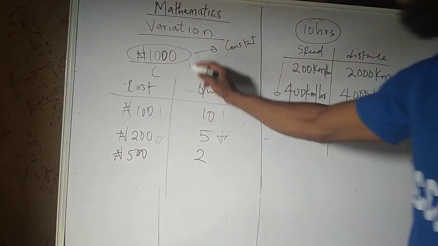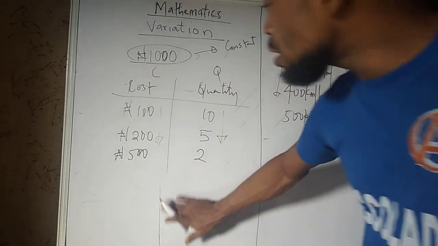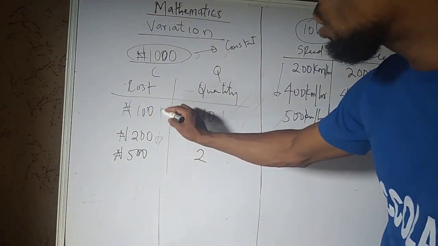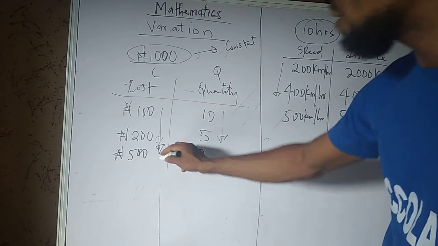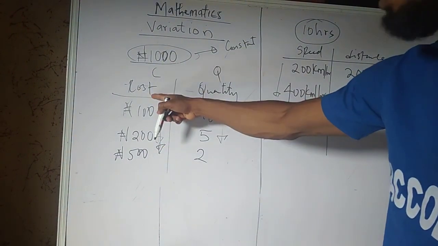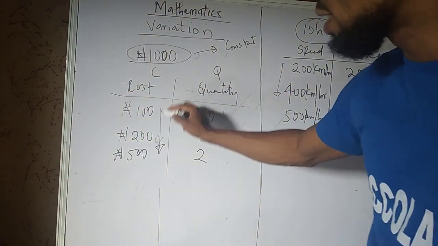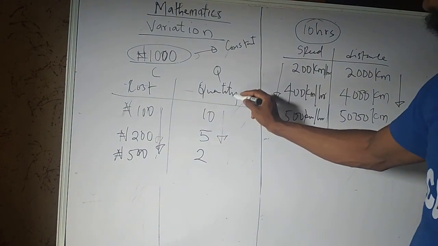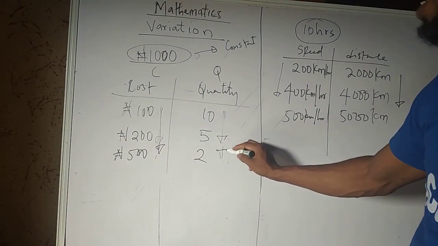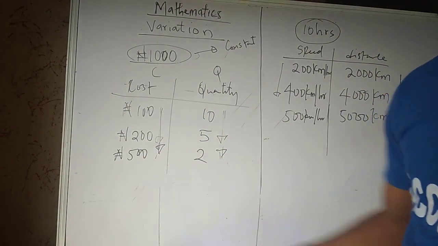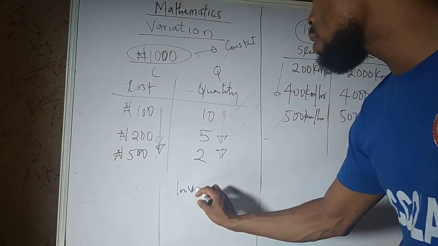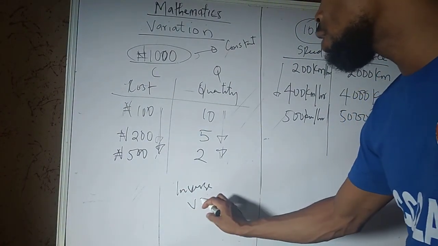Now, this type of variation where the cost is increasing, and the other quantity related to the cost is reducing, is called an inverse variation.